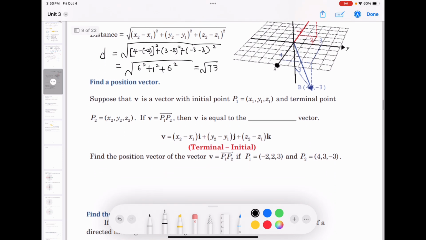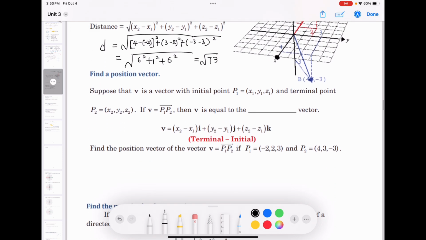Okay, suppose that v is a vector with the initial point P sub 1 equal to (x sub 1, y sub 1, z sub 1), and the terminal point P sub 2 equal to (x sub 2, y sub 2, z sub 2). If v is a vector starting from P sub 1 to P sub 2, then v is the position vector.